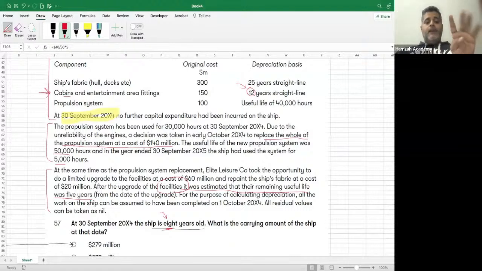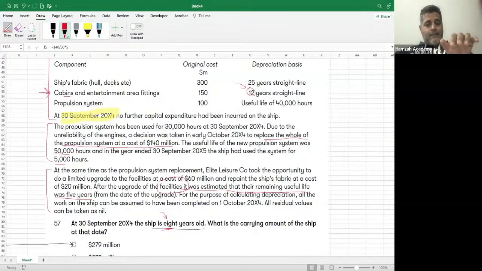When you did an upgrade, the cabin's remaining life becomes 5 years. At the moment, it's 4. You have to be vigilant about what the story is saying, because you'll have the answers right in front of you.